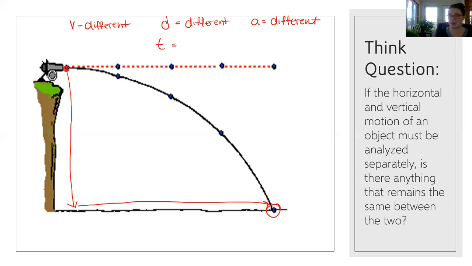If they weren't the same, an object could be in 2 places at one time. That wouldn't work. They have to stay connected. So the time for an object to fall has to be the same time that it takes for it to travel horizontally. So time is always the piece in our puzzle that will be the same between horizontal and vertical.